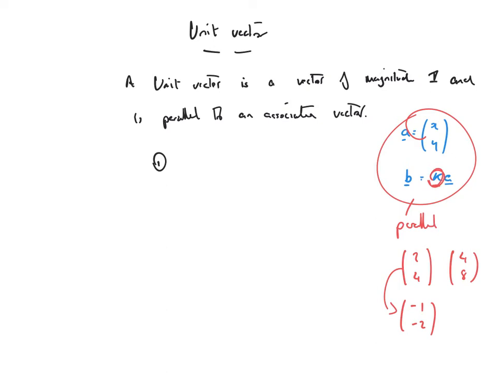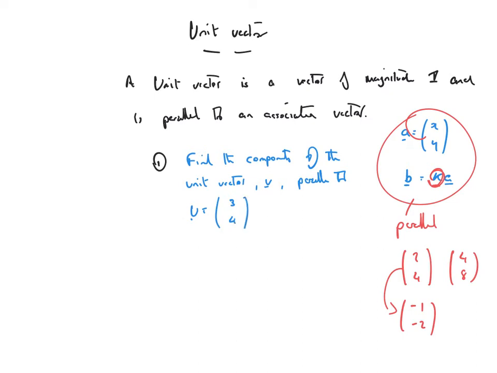So let's go for an example 1, which is going to be to find the components of the unit vector V which is parallel to the vector U, which is equal to 3, 4.